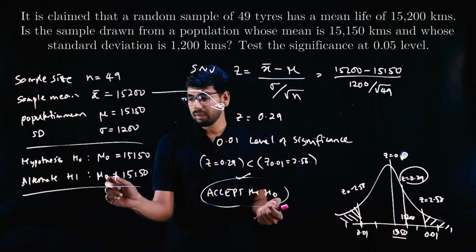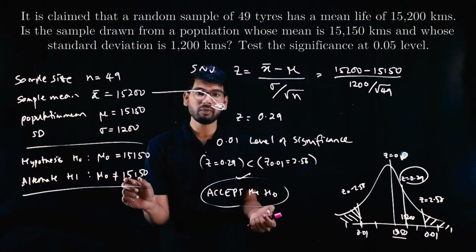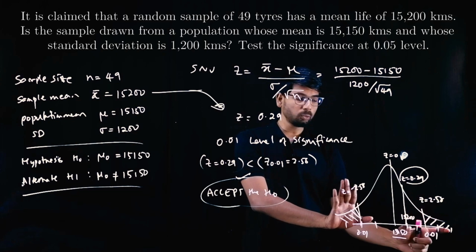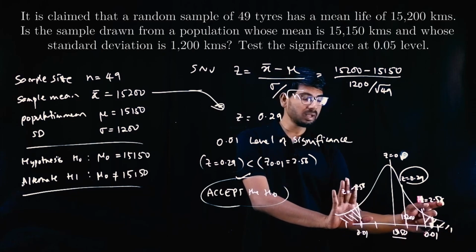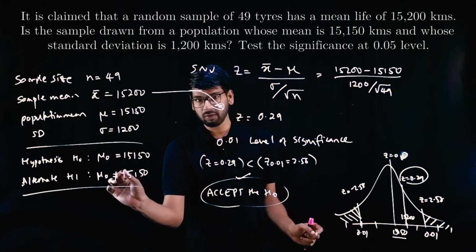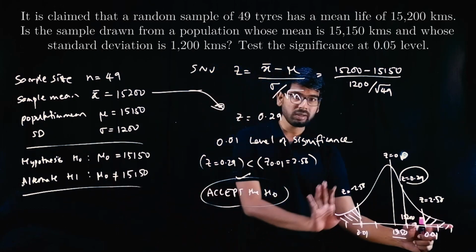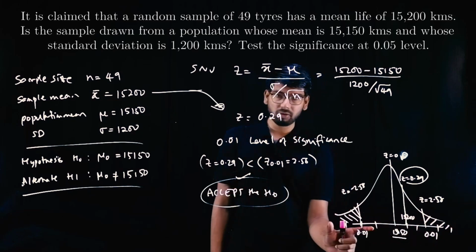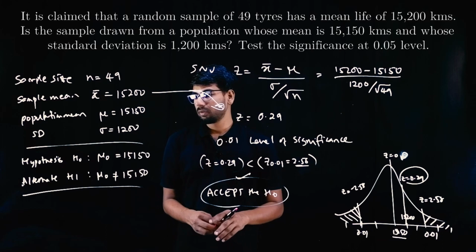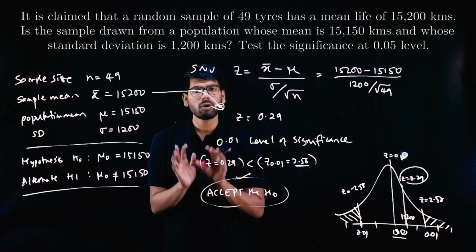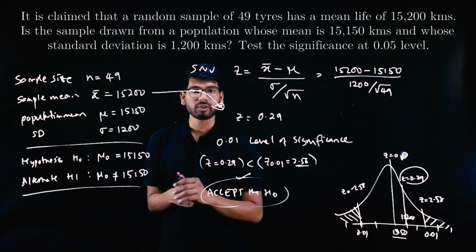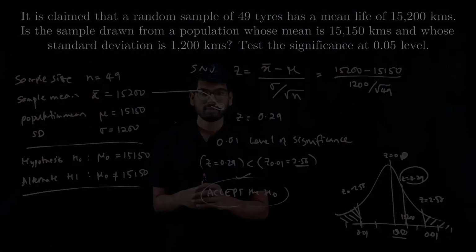If the alternate is only that the population mean is greater than some value, we are considering only one tail, and this 2.58 number will be different. For a one-tailed test you have either greater than or smaller than. Not equals to means a two-tailed test. So this is how you solve this hypothesis test question.